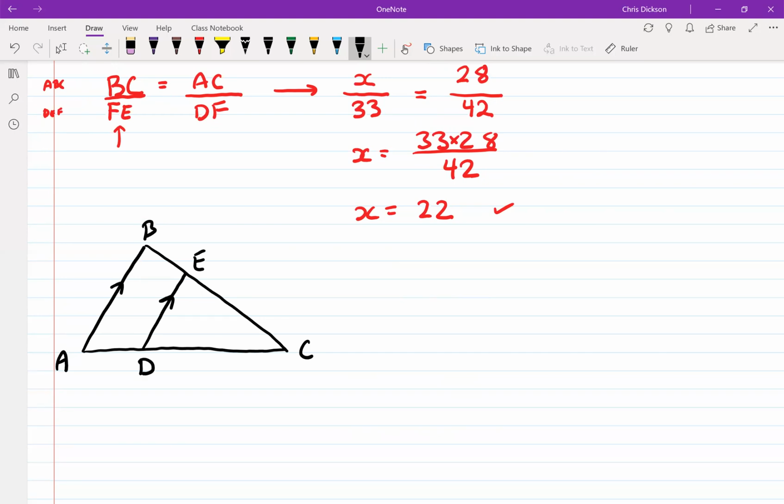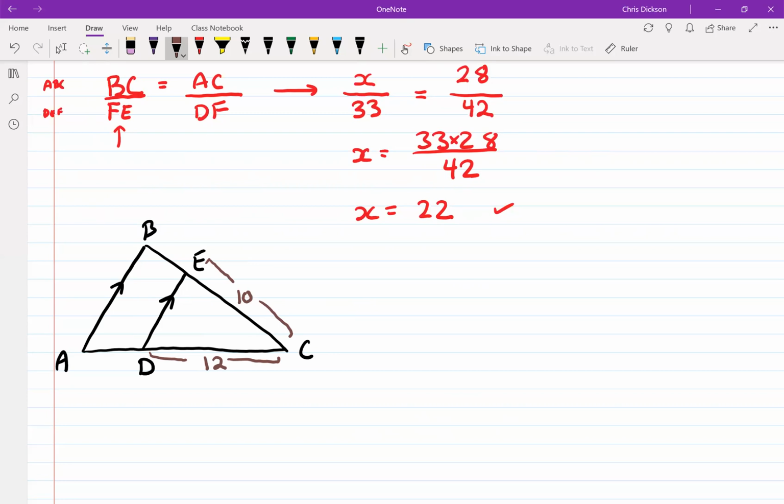But anyway, it doesn't really matter. Let's say this is 10, this is 12, and that's from E to C, and this is 12 from D to C.